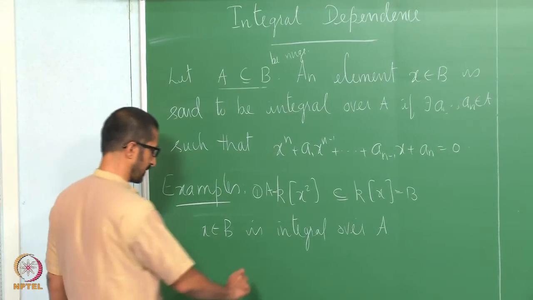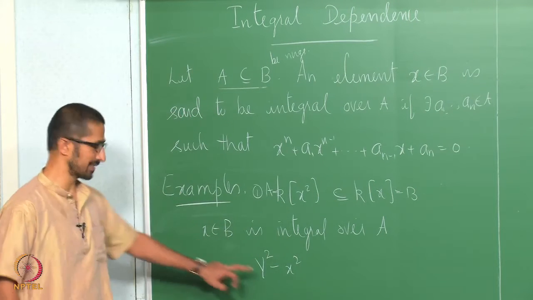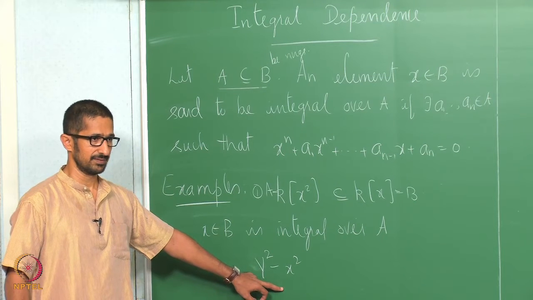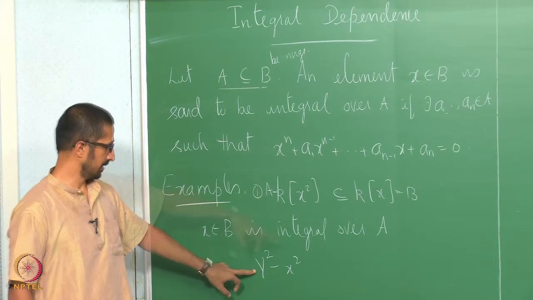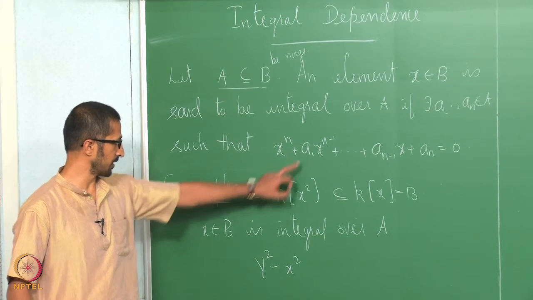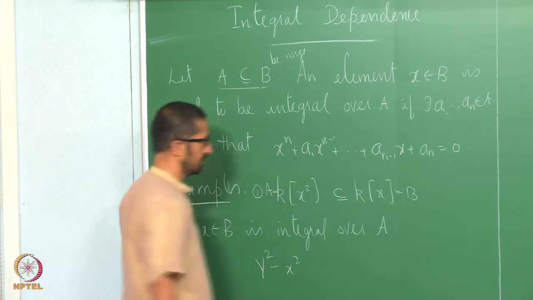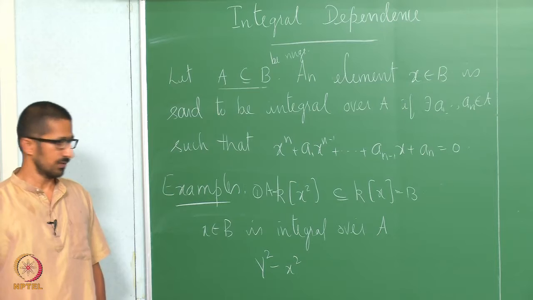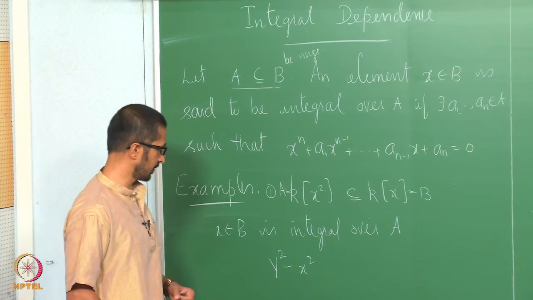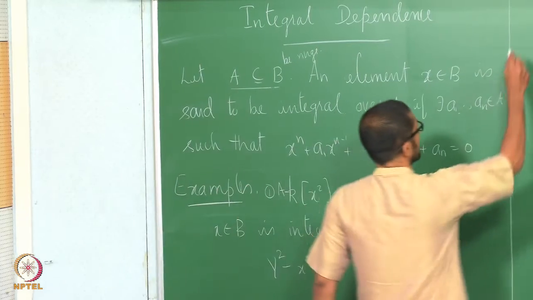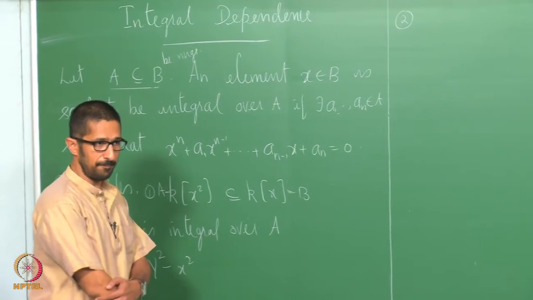It satisfies the equation y square minus x square, right. x will satisfy this equation, right. So, if I take n to be 2, and a1 to be 0 and a2 to be minus x square, so this is integral over A. Let us look at another very interesting example.